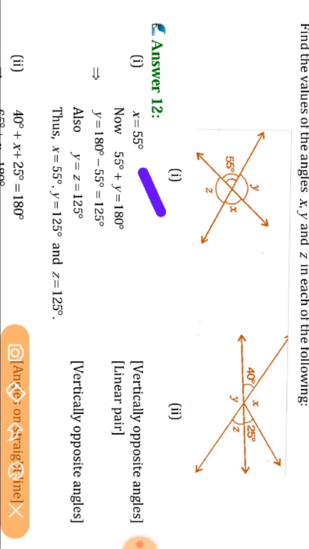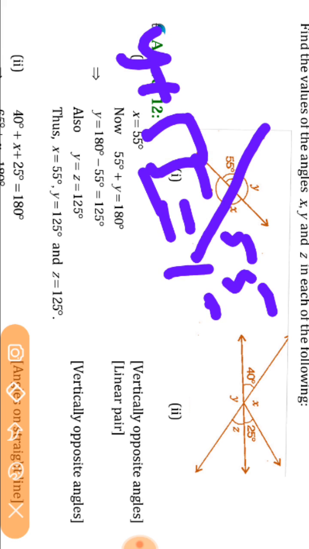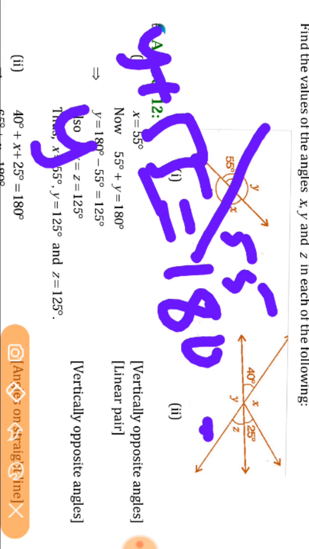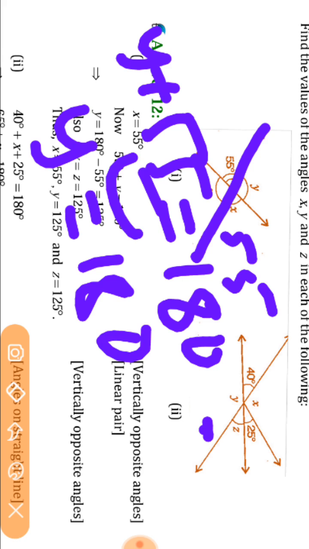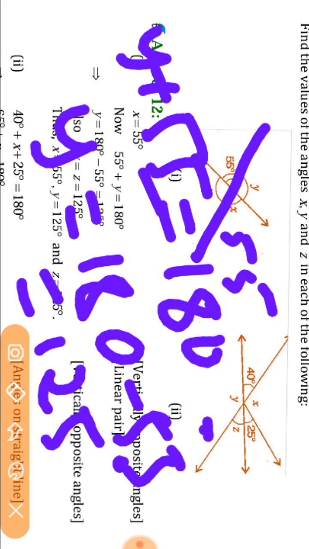Now we can take the linear pair. Y plus 55 is equal to 180 because it is a linear pair. Then for Y, 180, transfer 55 to that side, it gives minus 55. What is the answer? 125. So Y is 125.